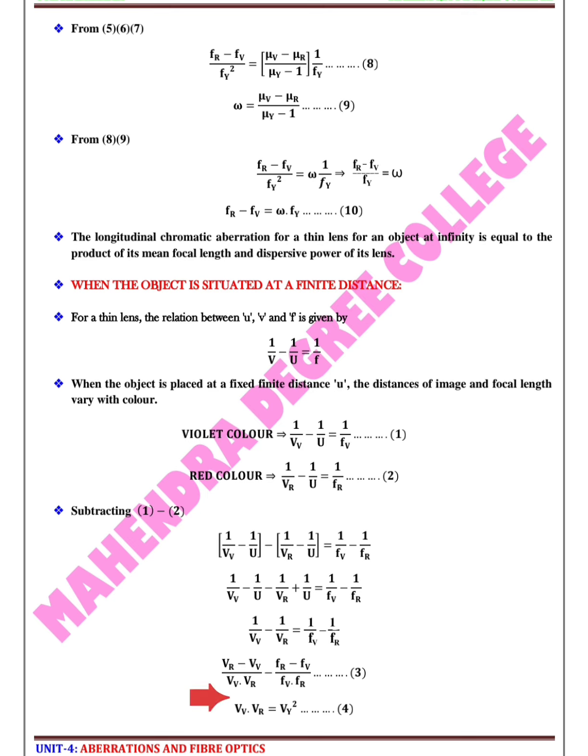It is assumed that Vv Vr equals Vy square. This is the equation number 4, where Vy is the image distance for yellow light, that is the mean image distance.